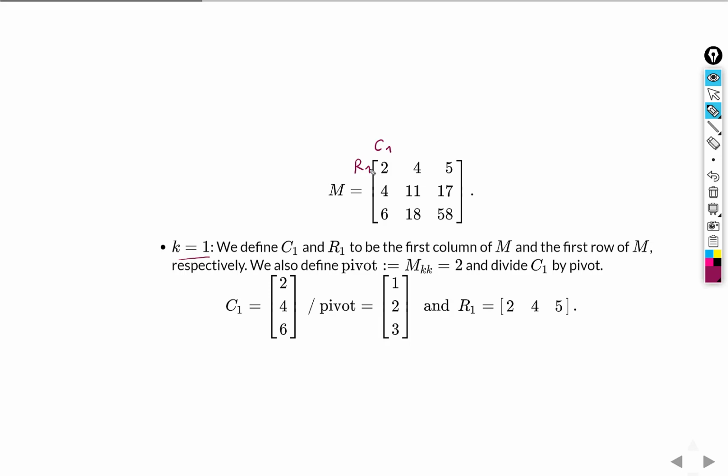We also define the first entry of the diagonal of M to be a variable called pivot. Then we divide C1 by pivot. This makes the first entry of C1 to be 1.